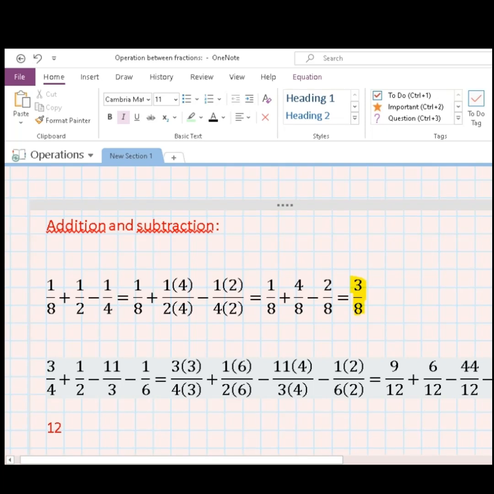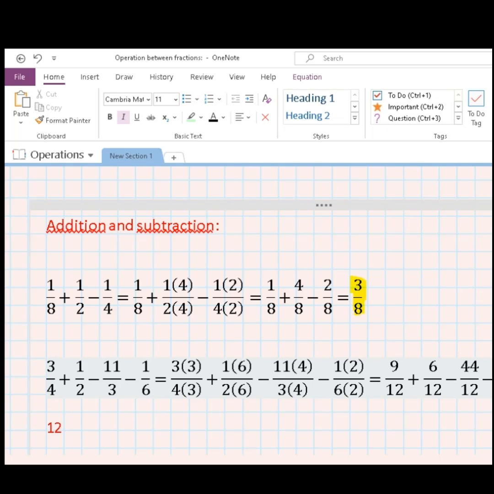Okay, excellent. And then as you can see, we can add the numerators because we have the same denominator.